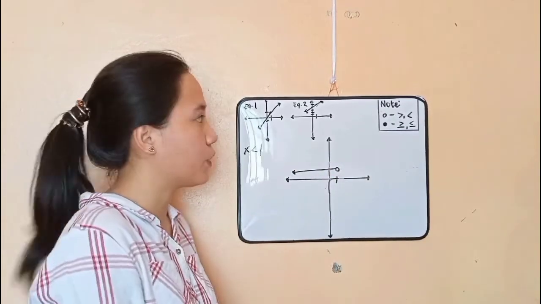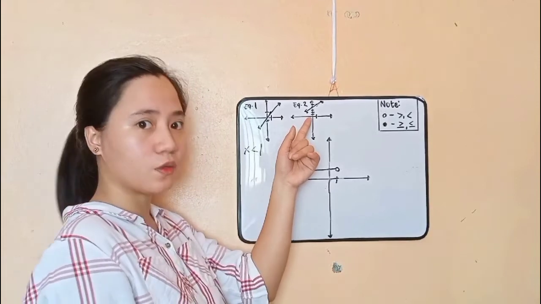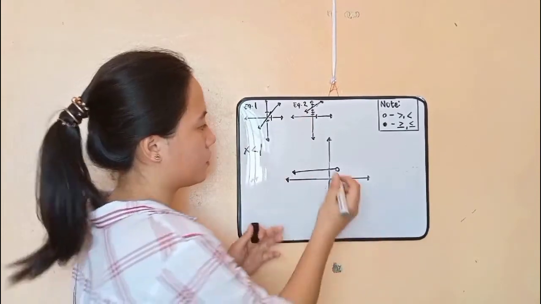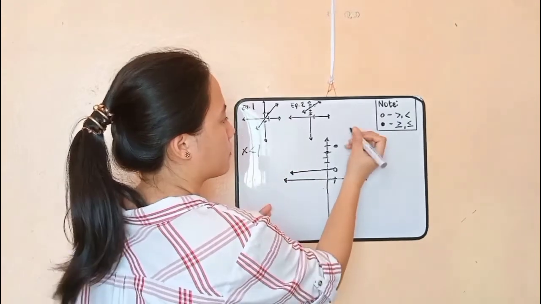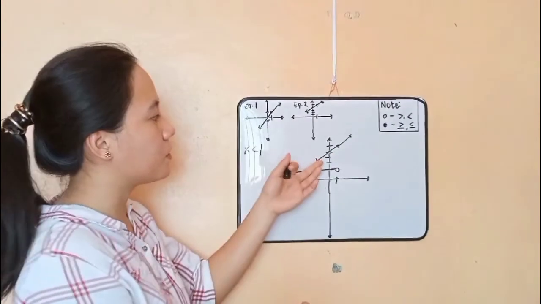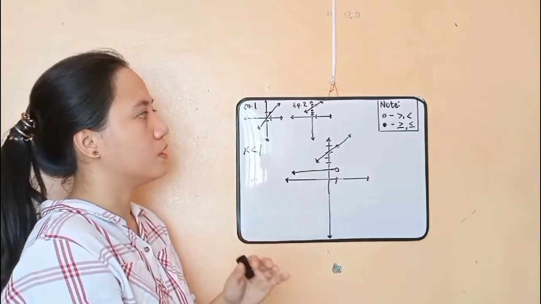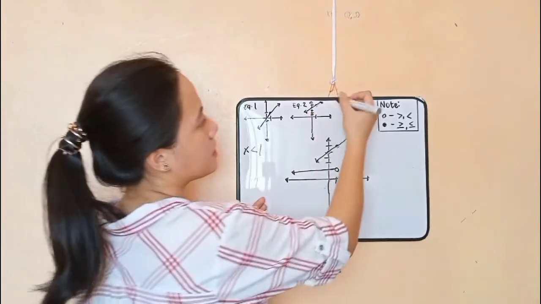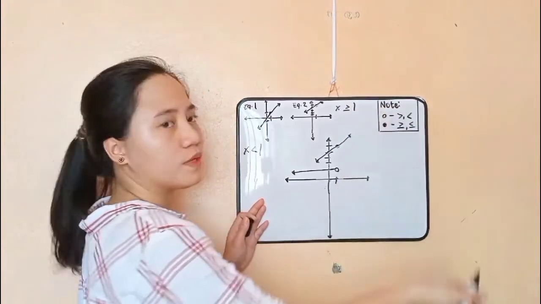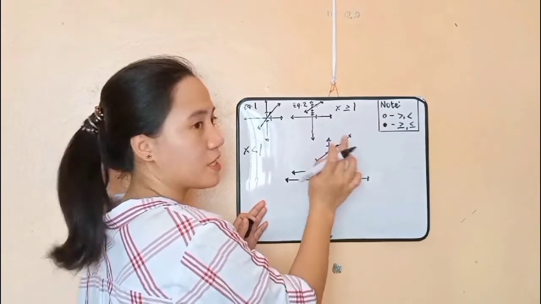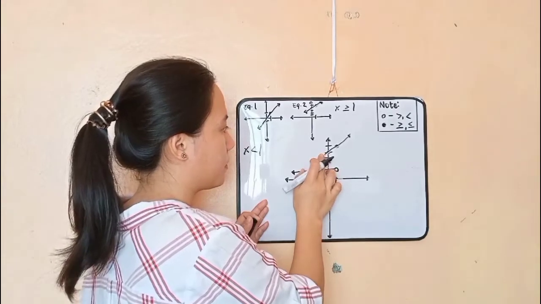And now, we're going to plot equation number 2. This one, and then this is the graph of equation number 2. Since x is greater than or equal to 1, we will erase the line again.